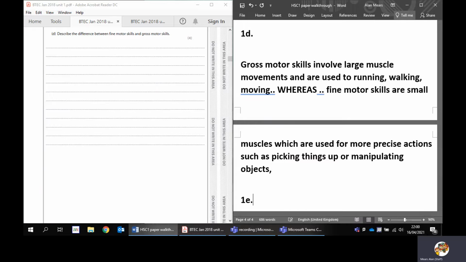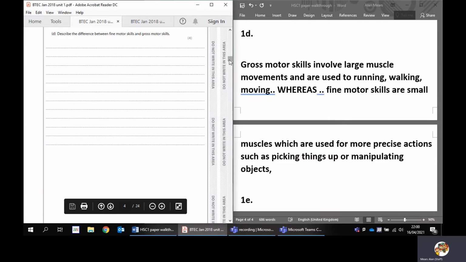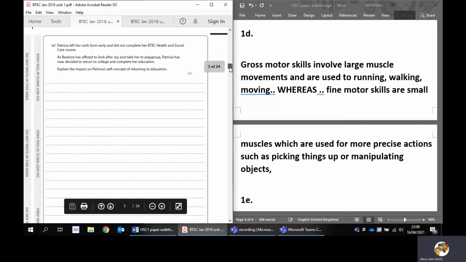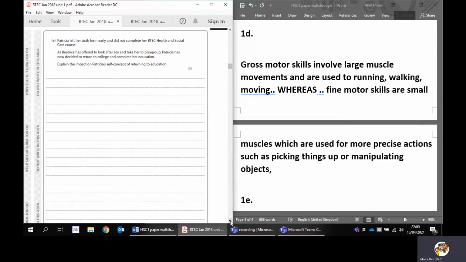And now we move on to 1E. Now at this point we've done a number of questions. 1E is going to be our 6 marker. As I said, section A, or question 1, has sort of 20 marks worth of short questions. So the question 1F is going to be our first 10 marker. So 1E.